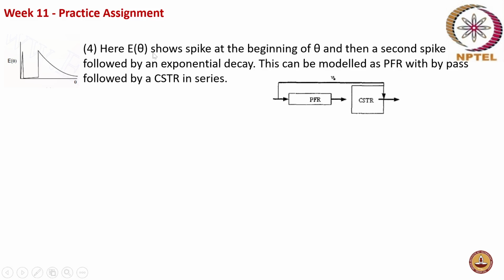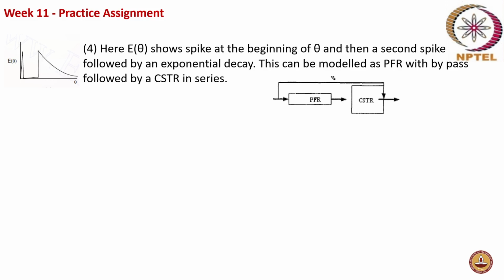So here the first spike can be modeled as the bypass in a PFR, followed by the actual output from the PFR, which is given by the second spike, and then the exponential decay, which corresponds to a CSTR.